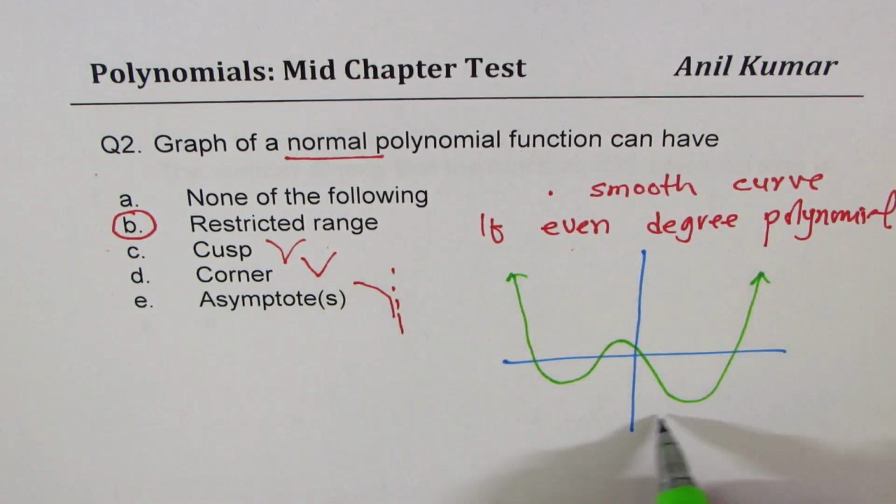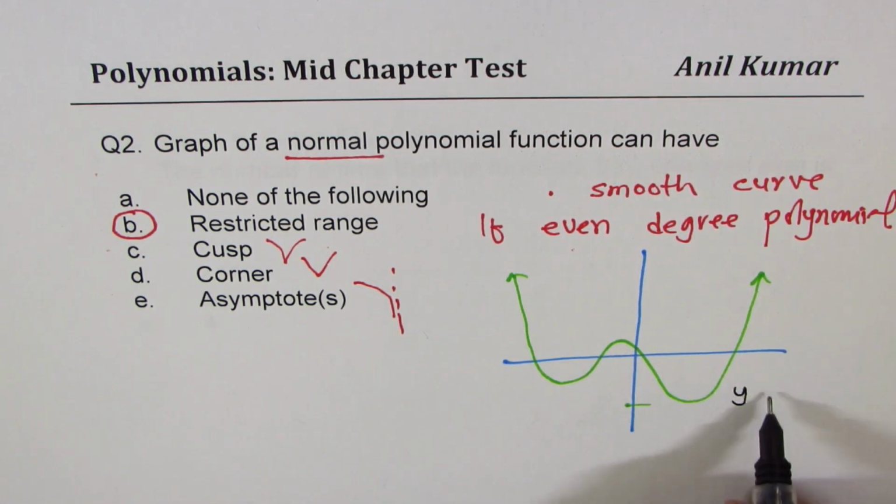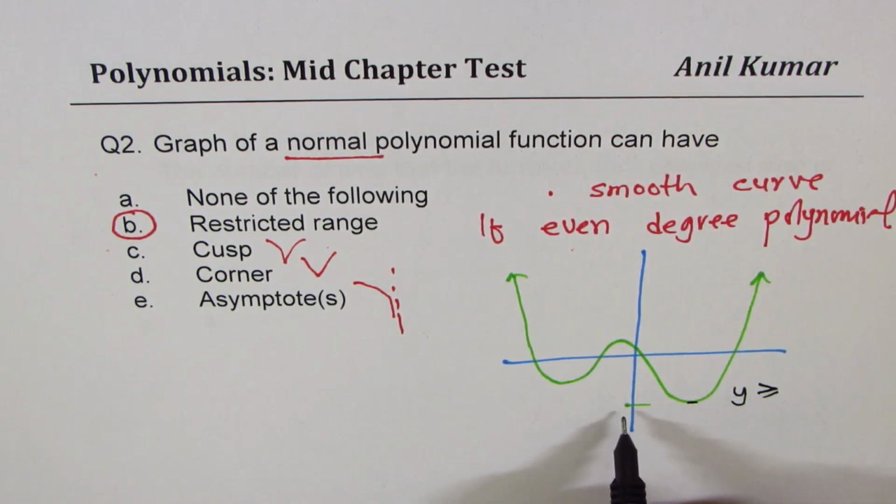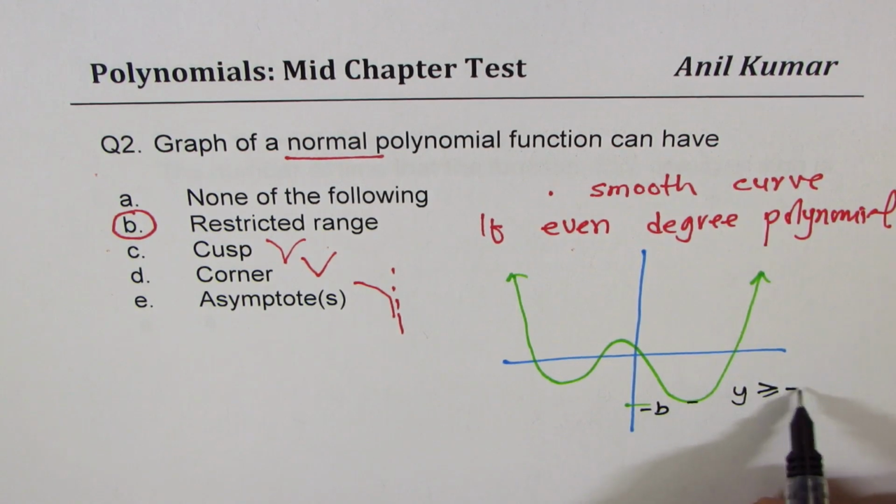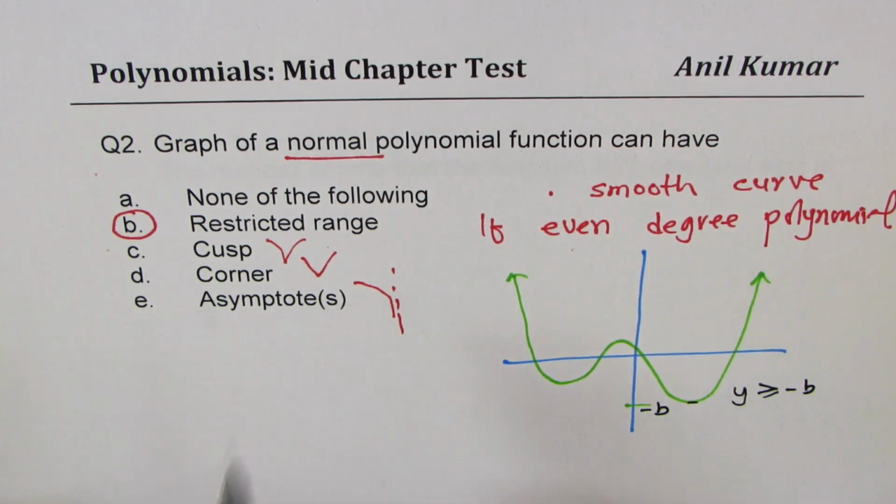Now in this case, we do have a y value which is restricted to greater than or equal to, let's say this point is minus b. Do you understand? So that is possible. So this is a very tricky question, and it helps you to understand that if the degree of the polynomial is even, then the range is restricted, right? You could have absolute maximum or minimum.